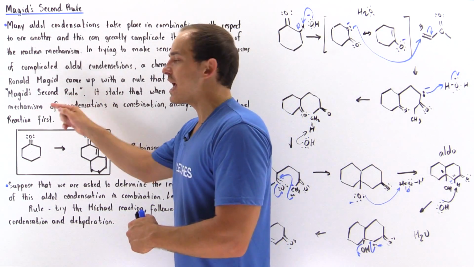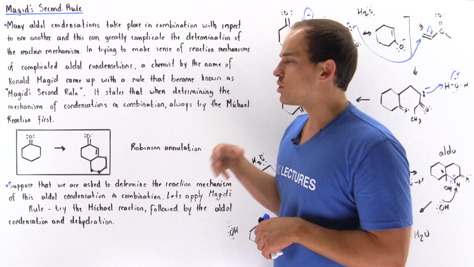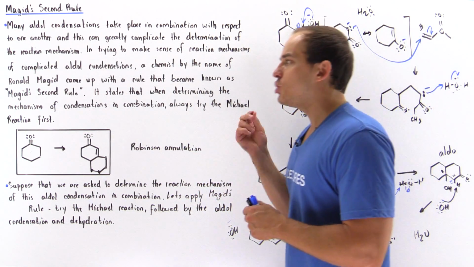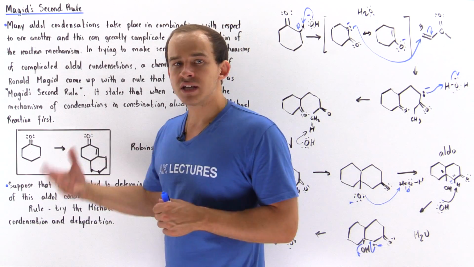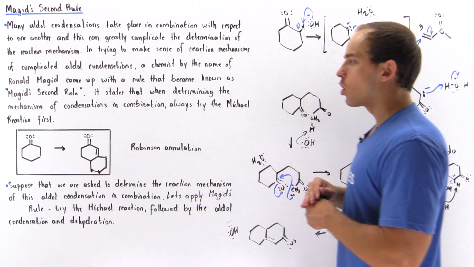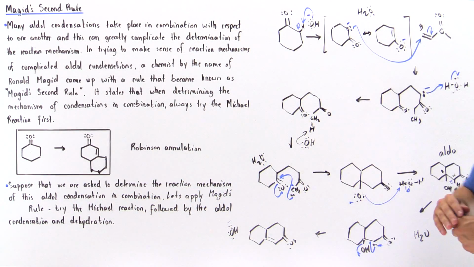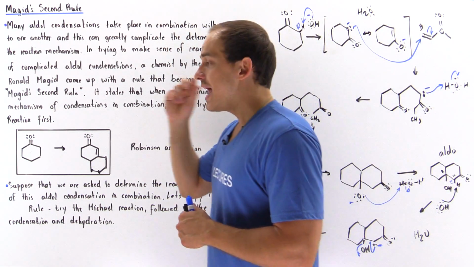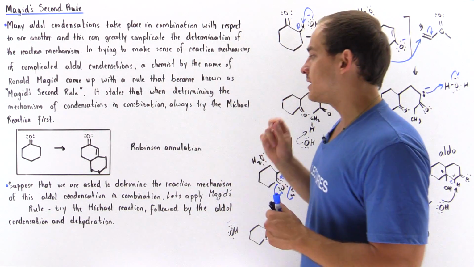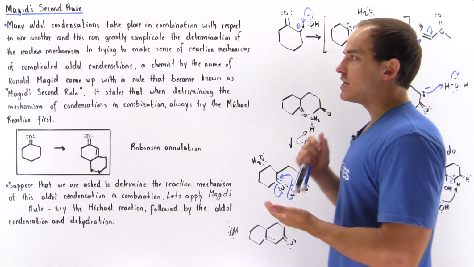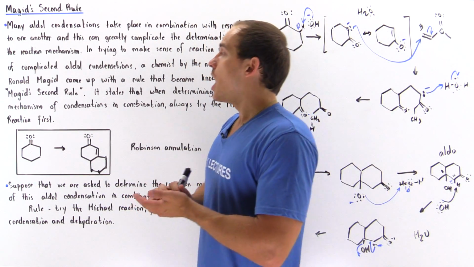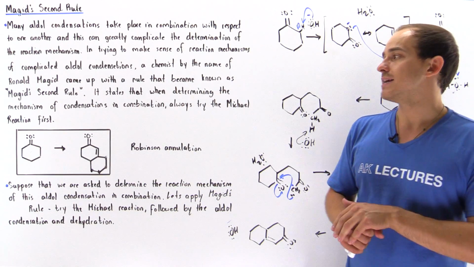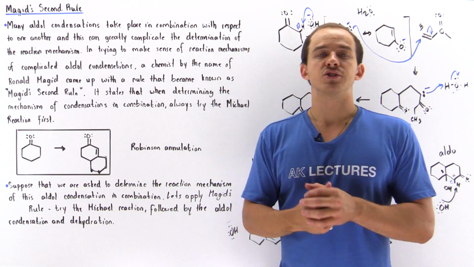Although Magid's second rule isn't exactly a rule in the sense that it doesn't always work, it's very useful advice, and most of the time it will actually work. And trying the Michael reaction first followed by the aldol condensation is a very useful technique in determining what the reaction mechanism is of our aldol condensation reactions that take place in combination with respect to one another.